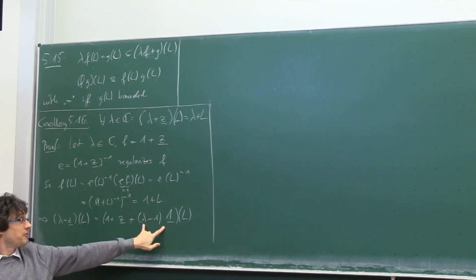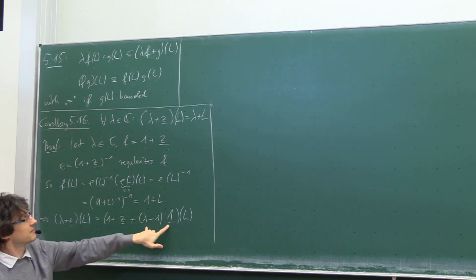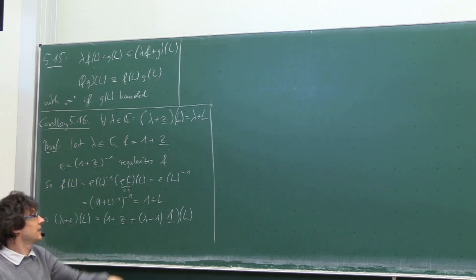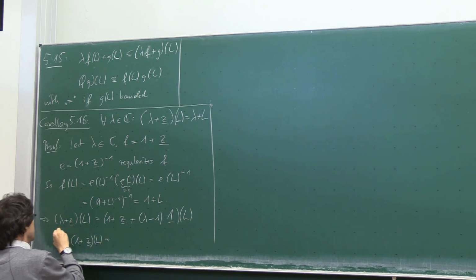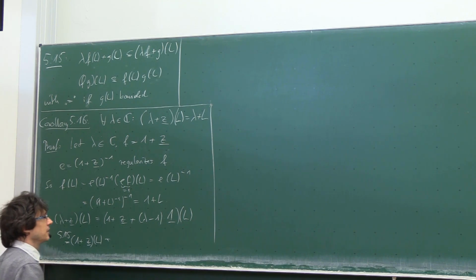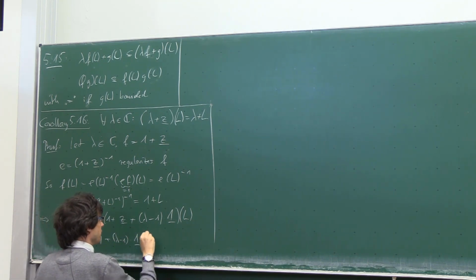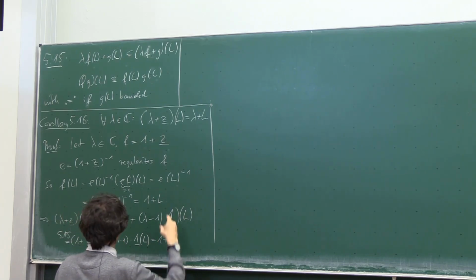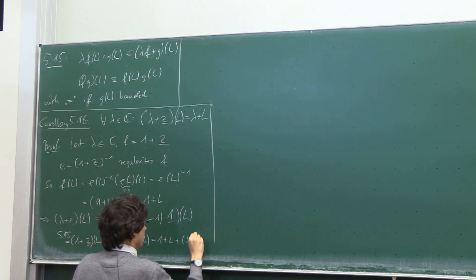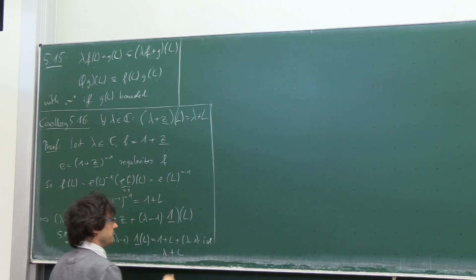The operator coming from this one is a bounded thing. So we are in the case that one of the two is bounded, so we even get equality. So this is 1 plus Z of L, so this is now 5.15 in the equality case, plus (lambda minus 1) times the constant 1 function of L. So this gives you 1 plus L by this result, plus (lambda minus 1) times the identity. Okay, and this gives you lambda plus L.